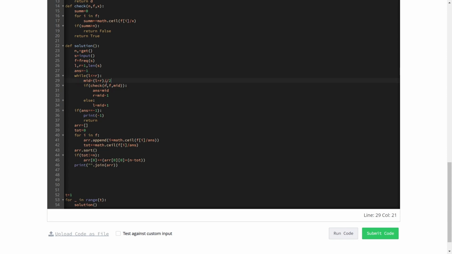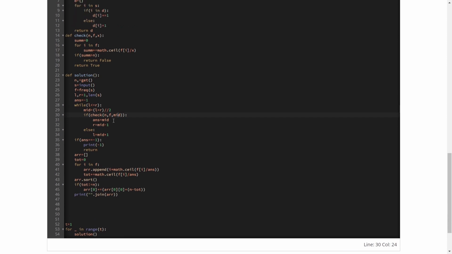If it is possible to generate x of size n with the frequencies f under or equal to mid number of repetitions, then we'll say the answer can be mid, and then we'll search in the left hand side part of the answer. Else we'll search on the right hand side part of the answer.